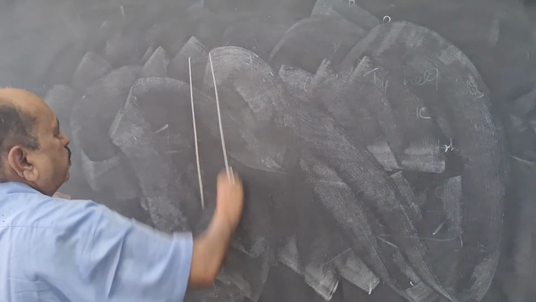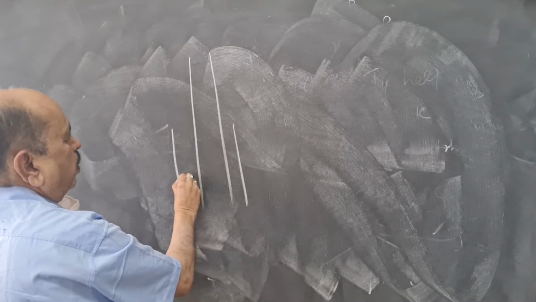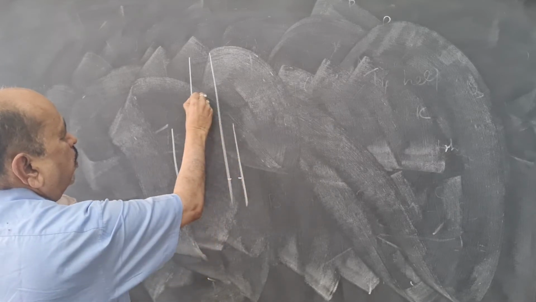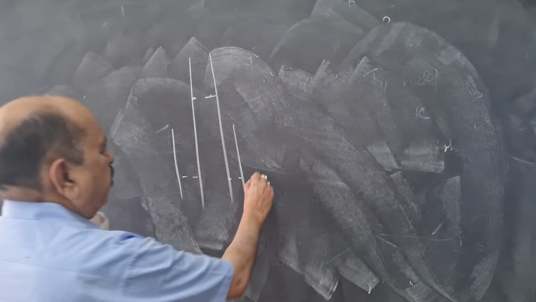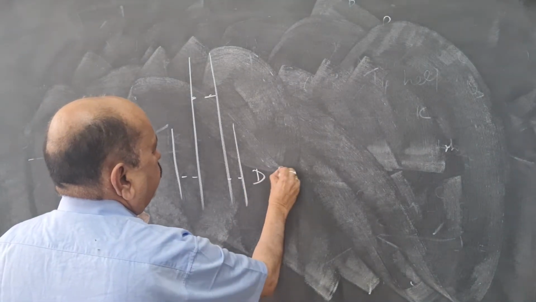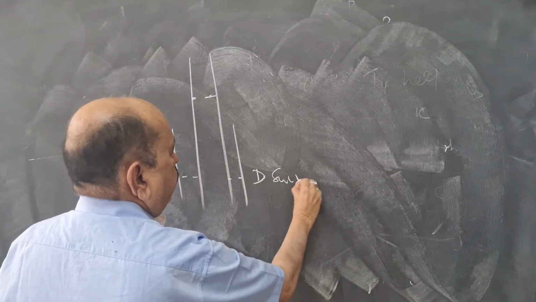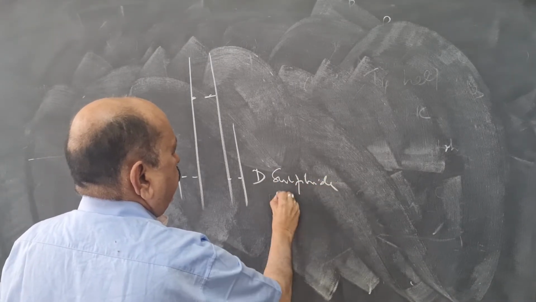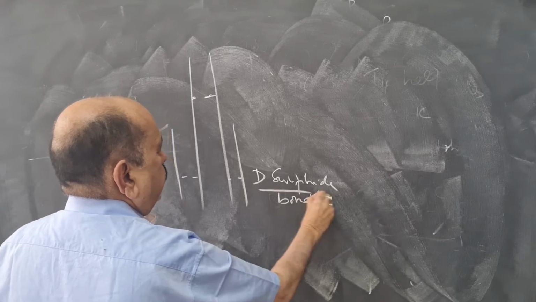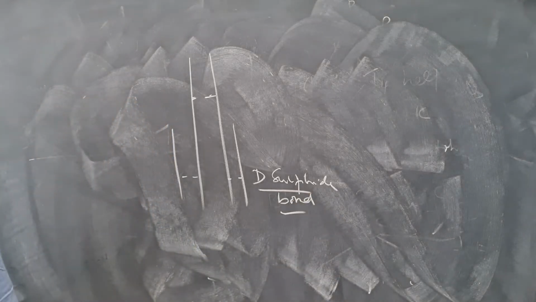An immunoglobulin has a pair of heavy chains and a pair of light chains held together by disulfide bonds.